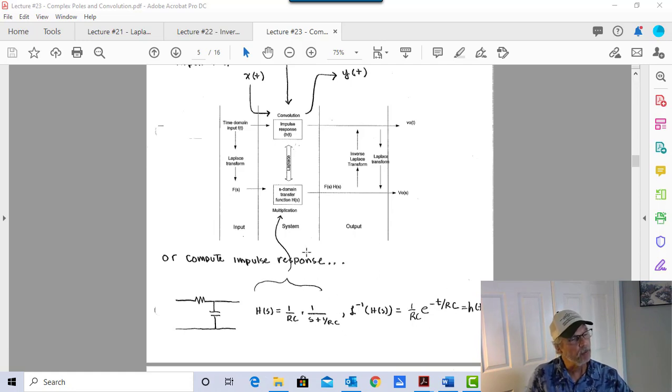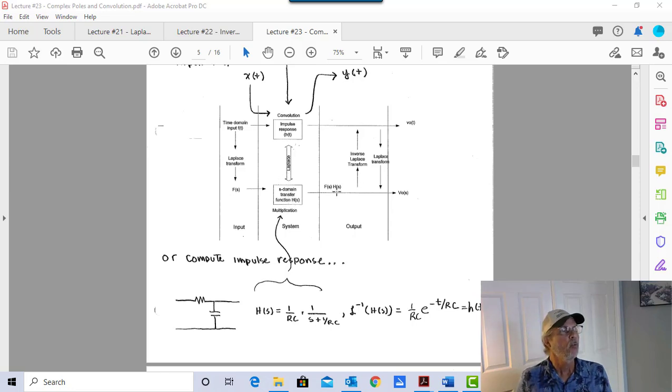But the important thing I want you to see is I can get the impulse response by doing an inverse Laplace of my transfer function. And I can get the transfer function by doing a Laplace transform of the impulse response.